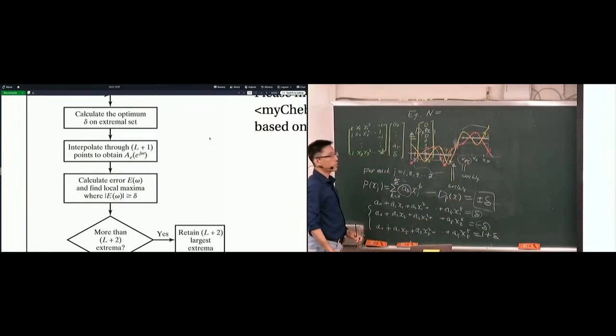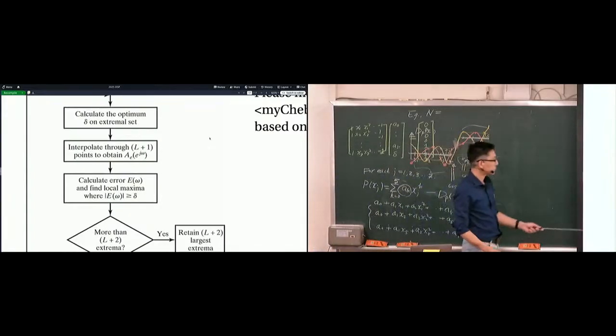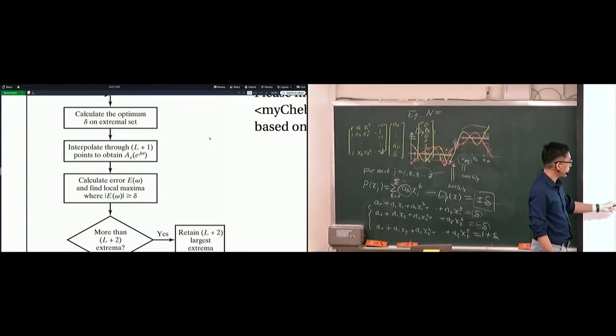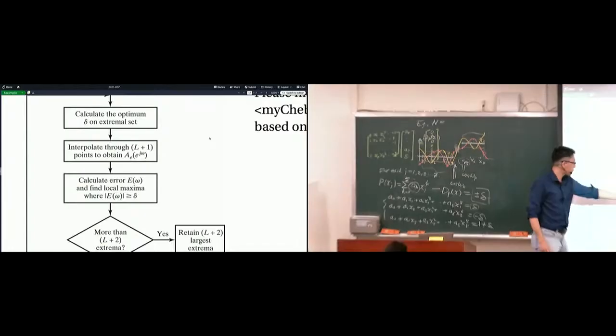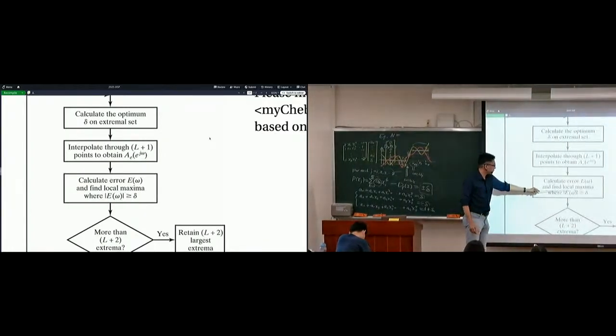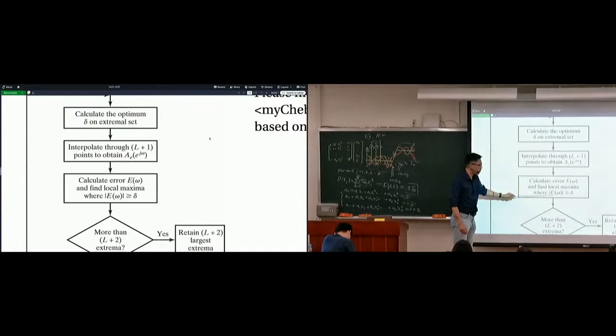Okay, so somehow we need to refine our guess by the next step. Okay, so let's take a look. We need to find out exactly where the local maximum of the error actually occurred.